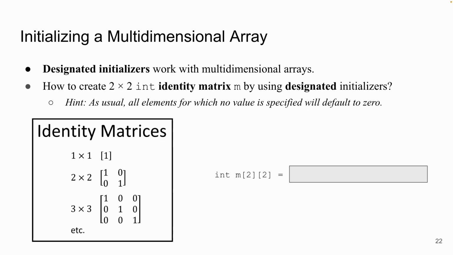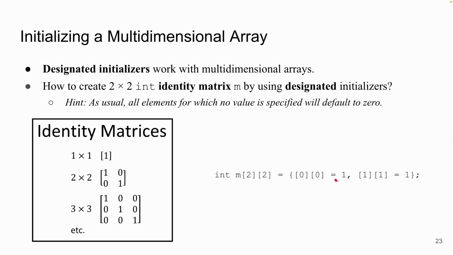Okay, I believe all of you are very smart, so I'll just show you the answer. So the answer is here. If you get it right, congratulations. And if you get it wrong, don't worry about it. You just need to remember the syntax of the 2D designated initializer. Again, I use the same indexing style here to represent the designator.